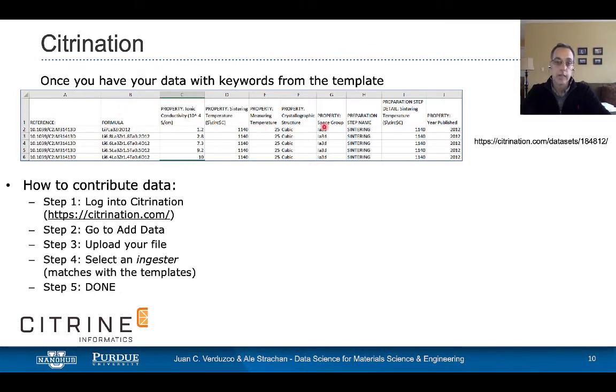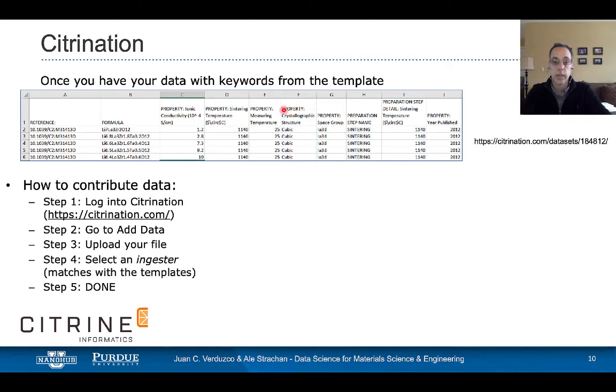This is his CSV file. And what you see is, of course, the composition, the property that we're interested in, but a bunch of other descriptors. For example, at what temperature was this ceramic sintered? Because that affects the porosity, and the porosity affects the measured ionic conductivity.